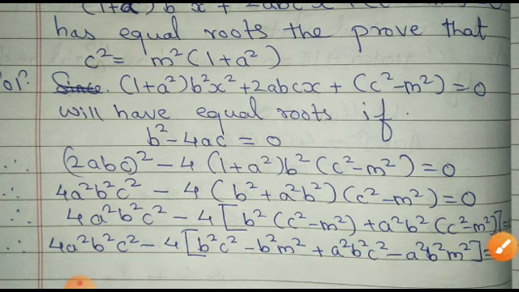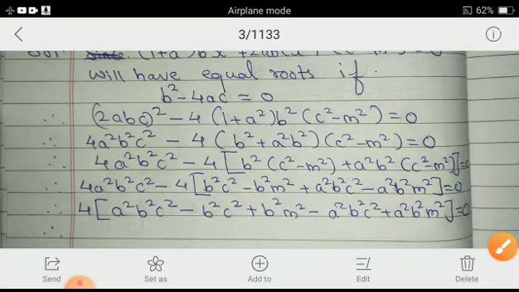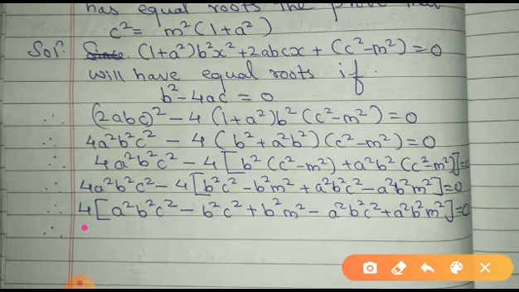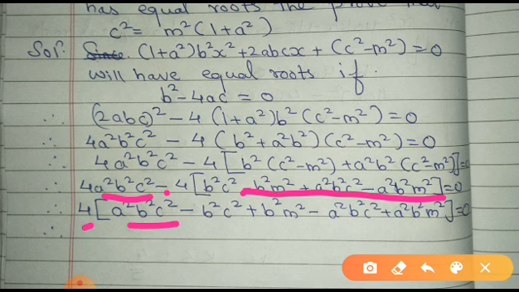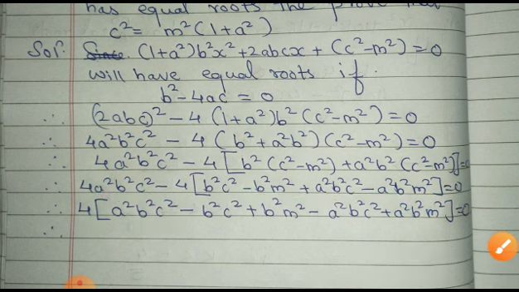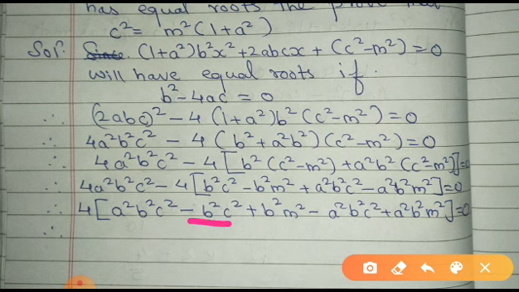Since the minus is outside, there will be a change in sign inside the bracket. So I'll get −b²c², then plus b²m², then minus a²b²c², and minus becomes plus because I have multiplied the negative sign inside.